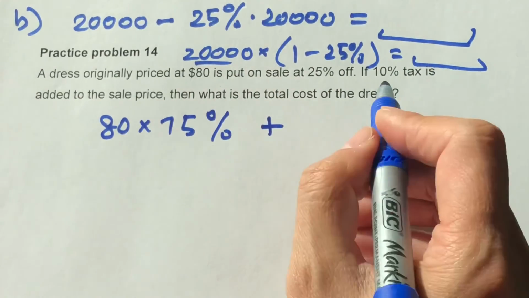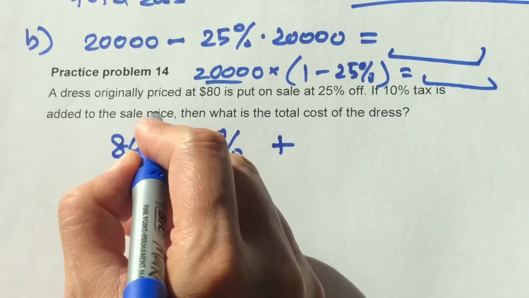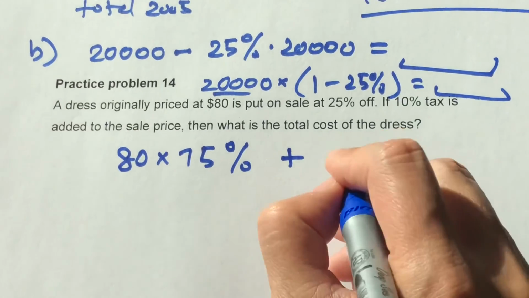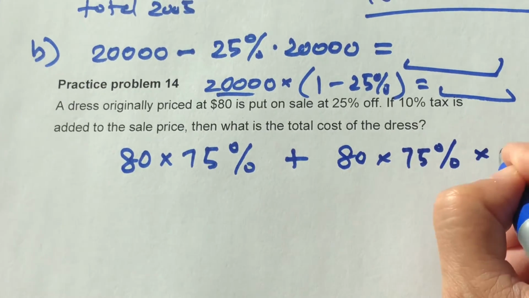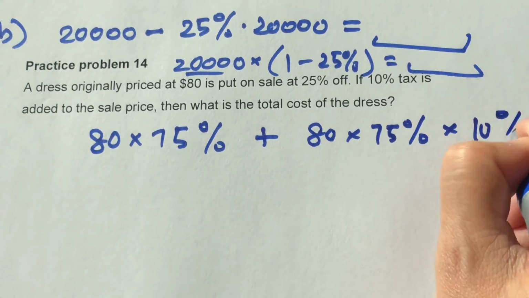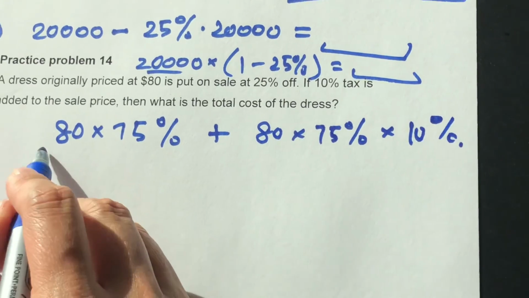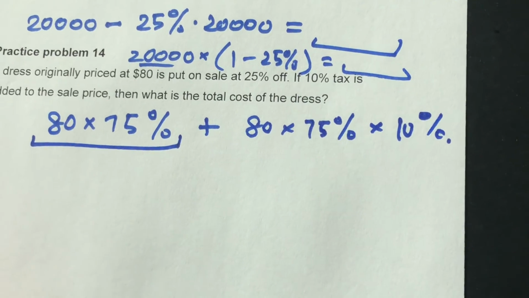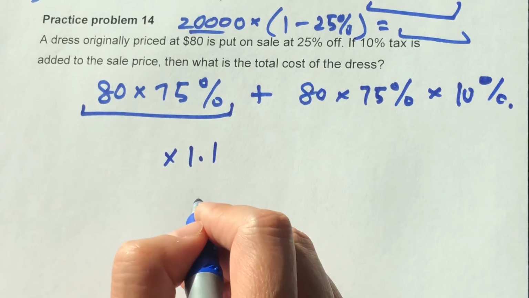Then you have to add 10% of tax. 10% of this number. 80 multiply 75%. Okay. Or in this case, you can calculate this reduced price, and this reduced price then multiply by 1.1.